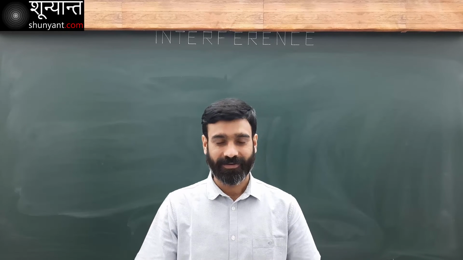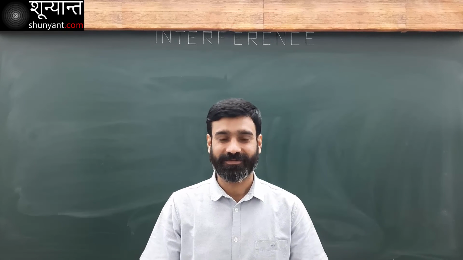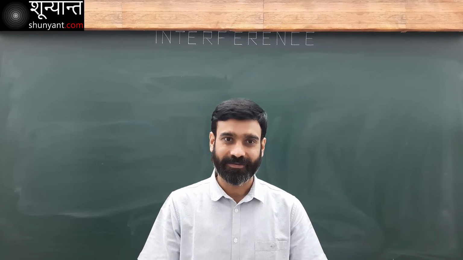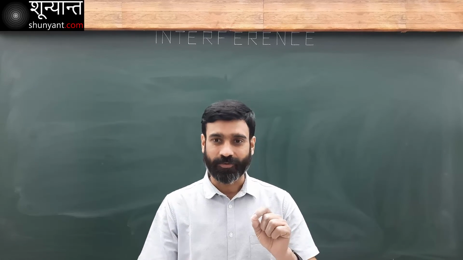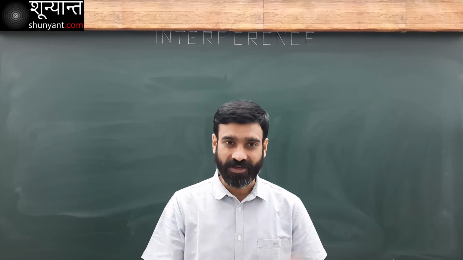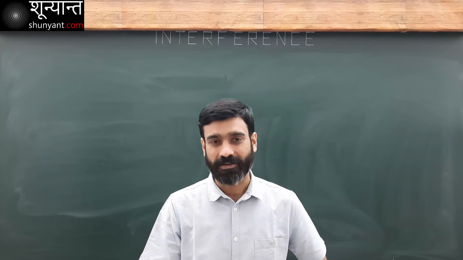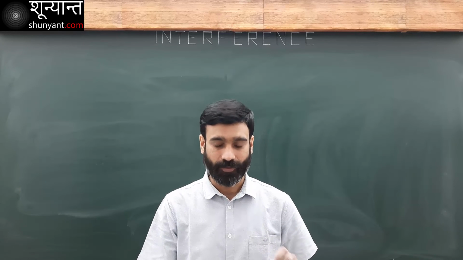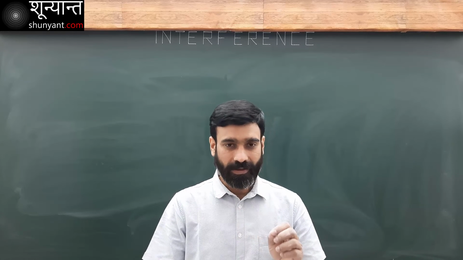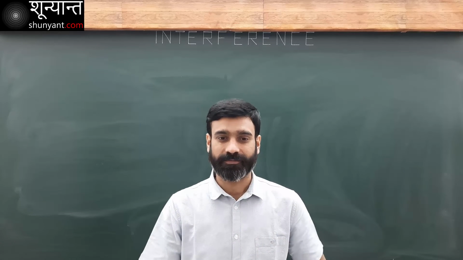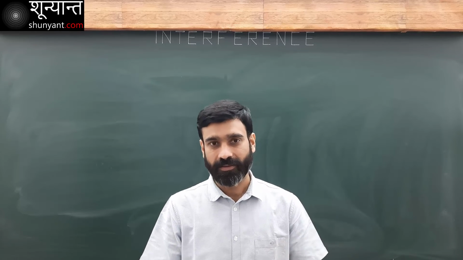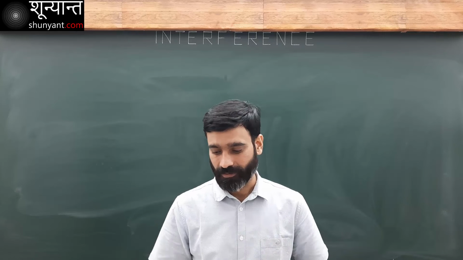Answer: there will be interference. There is always interference. At a given point, if two waves arrive, they are going to interfere, they are going to disturb each other. That is interference. There will be interference. Now think about this. At any point, two waves are interfering. Interference can be constructive, it can be destructive, or it can be between them.